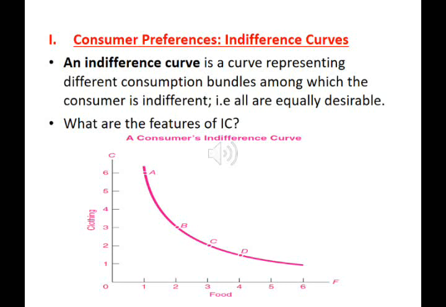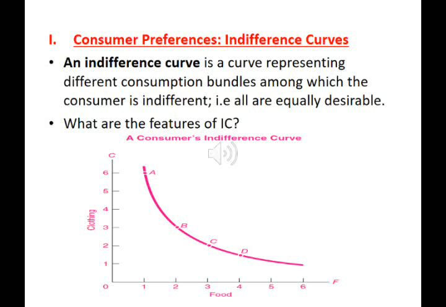If we join points A and B, we'll find that the slope is equal to 3, which is the 3 units of clothes the consumer is willing to give up in order to consume one more unit of food. Joining points B and C, the slope is equal to 1.